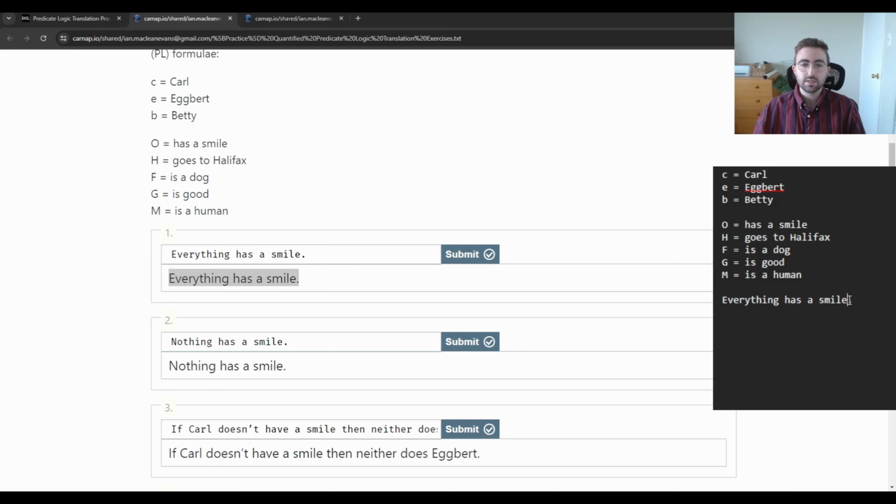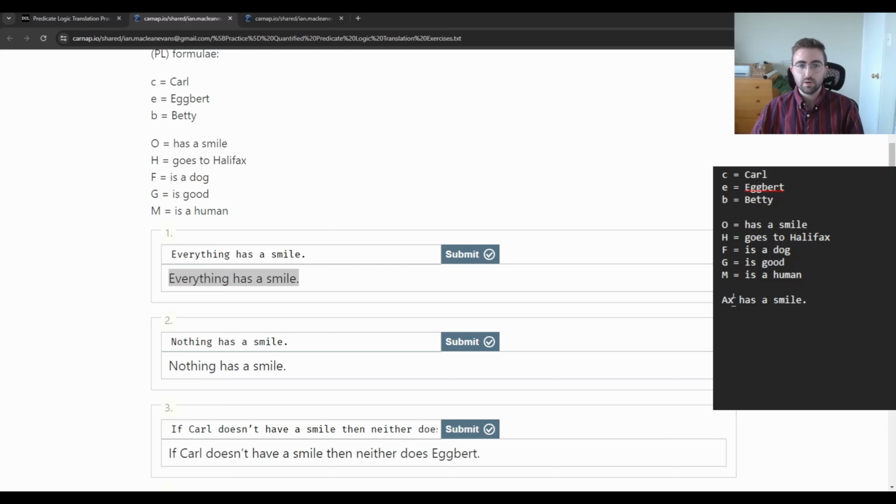And you'll notice that there's no connectives. There's really no stylistic variations besides kind of this everything, which we could say is all or whatever. So we can get straight to translating. There's no connectives here, nothing. We can substitute in what we have. Great. Well, we have this everything quantifier, right? And we know that that's a universal quantifier. It's saying everything has a smile.